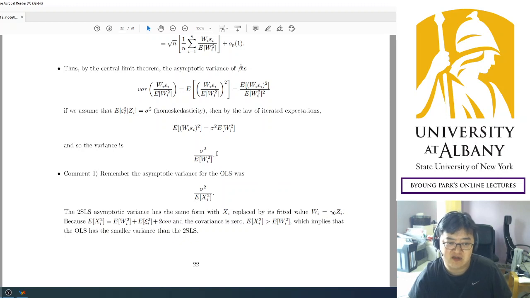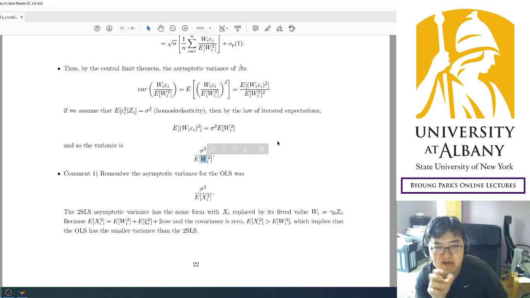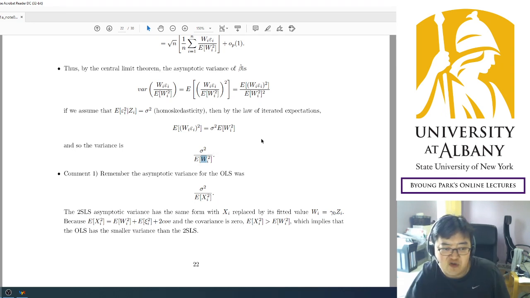But because of the endogeneity, you cannot fully utilize x, but only some part of x, making your estimator less accurate and the variance larger. So that is one simple intuition you can get from the result.